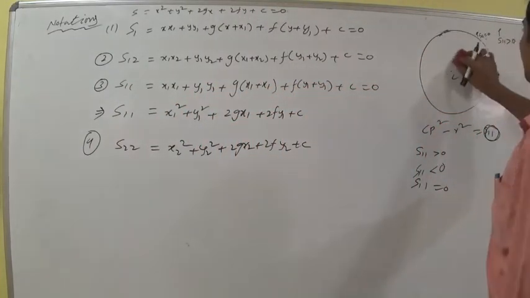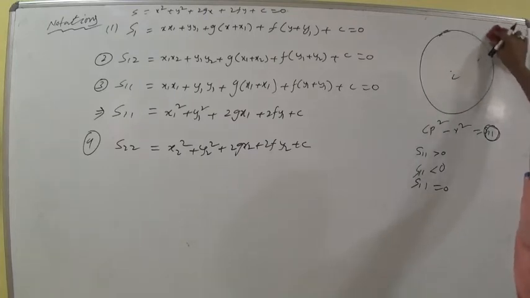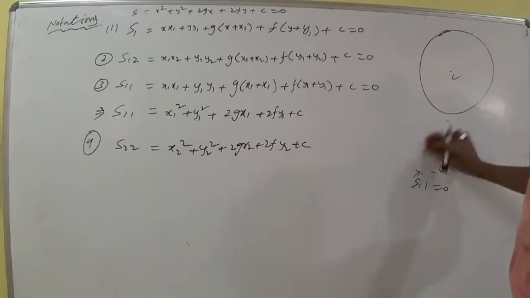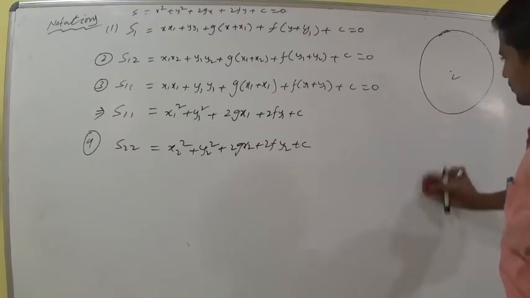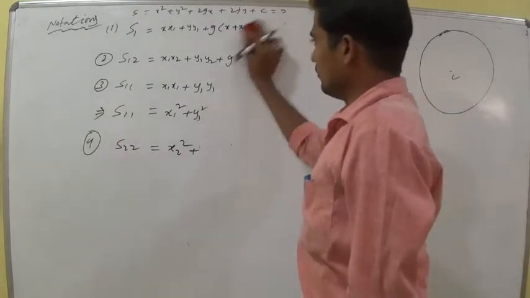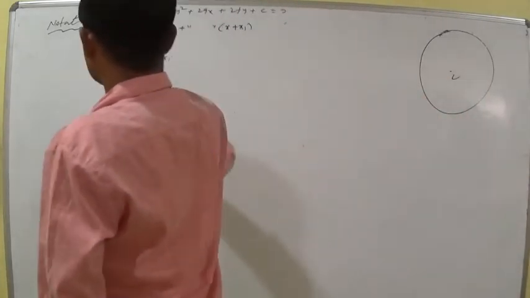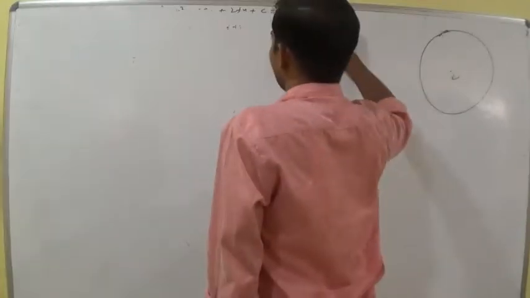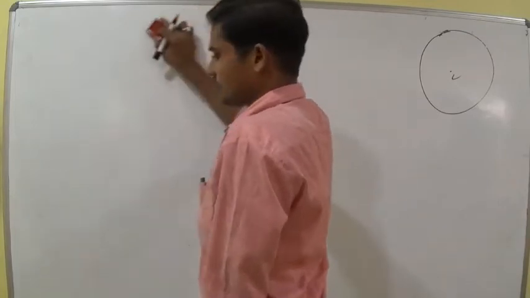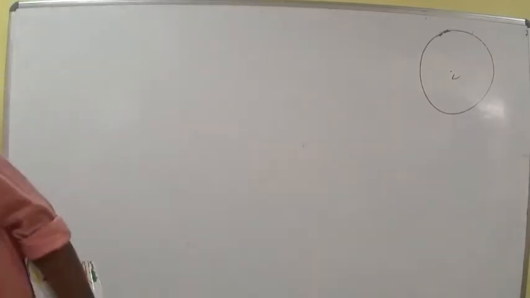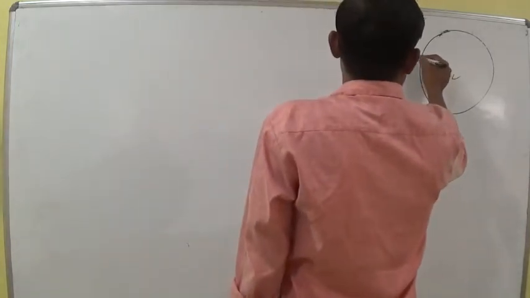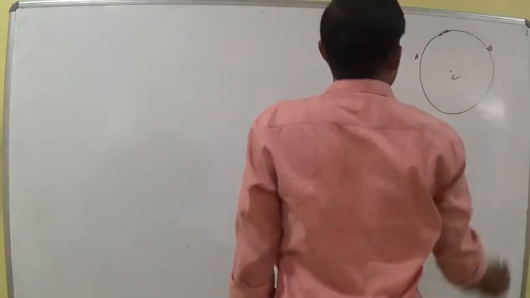Here C is the center and A, B are any two points on the circle.